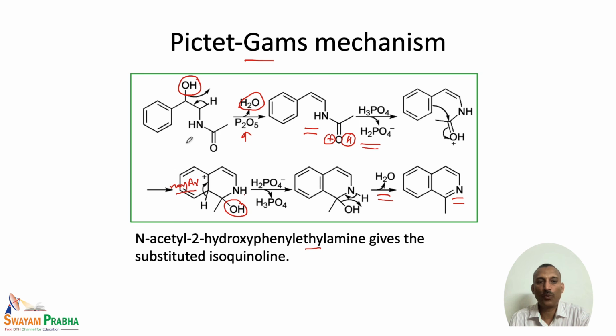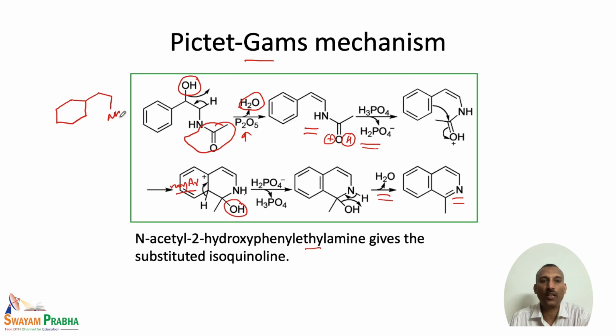Actually, this compound is the N-acetyl 2-hydroxy, because there is an acetyl unit present on the nitrogen. So, the N-acetyl unit is present, and here the hydroxy unit is present, because this compound, if you look at it, is nothing but the phenylethylamine. So, the structure of phenylethylamine is this.